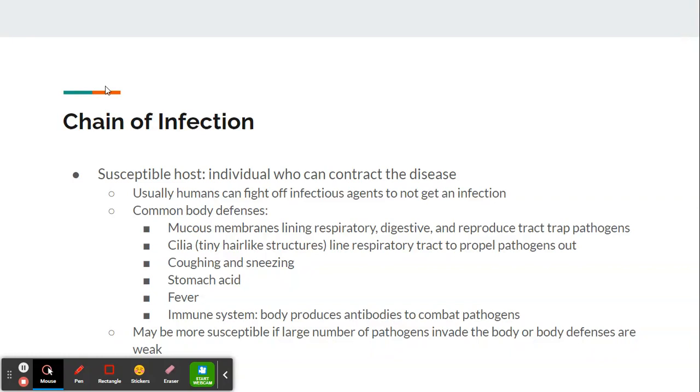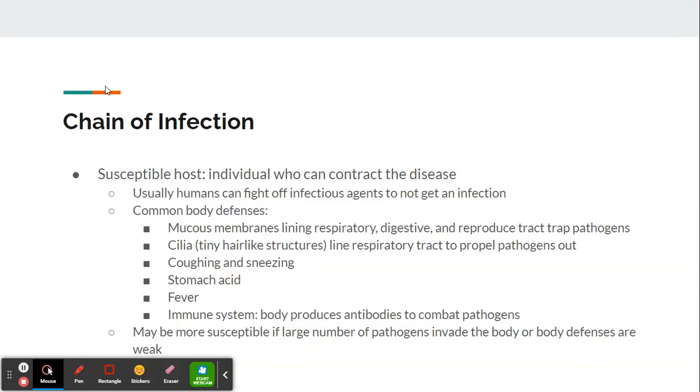Also in your respiratory tract, we have cilia, which are those little tiny hairs that line the respiratory tract and help push those pathogens back out. Coughing and sneezing, again, are ways that we push those things back out of the body. Our stomach acid helps kill off things it doesn't want in there. Fever helps to try to kill off some of those germs by heating them up to the point where they no longer live.